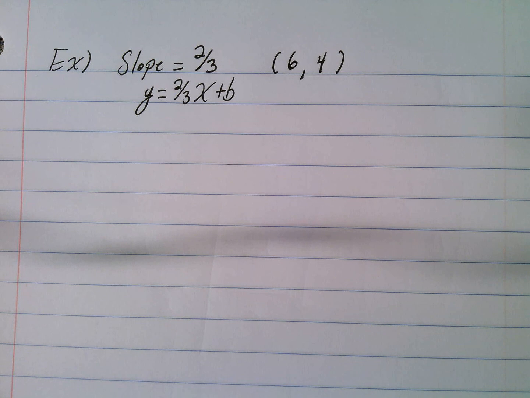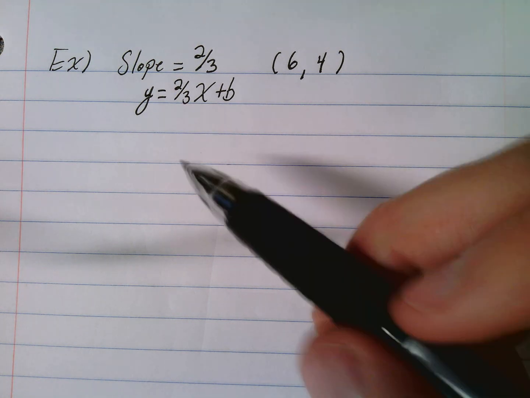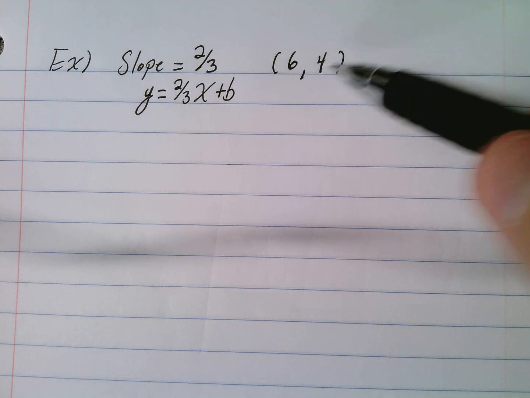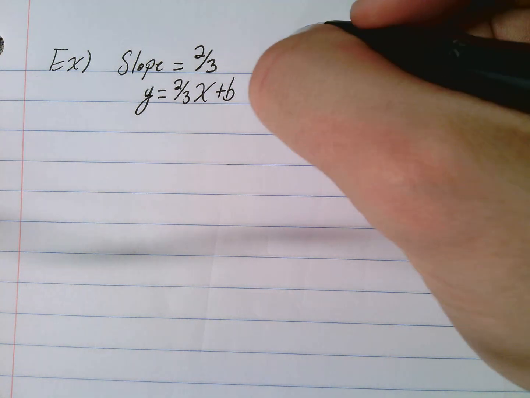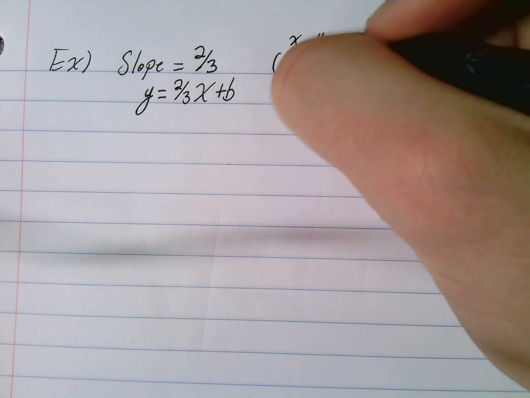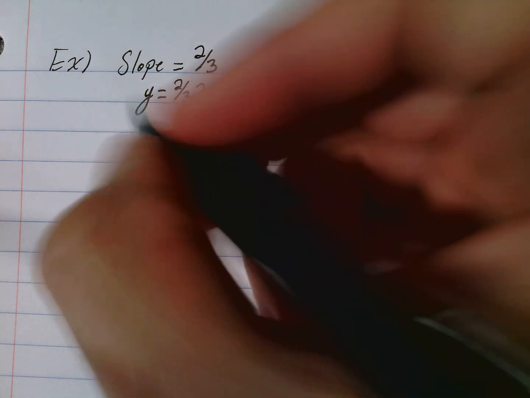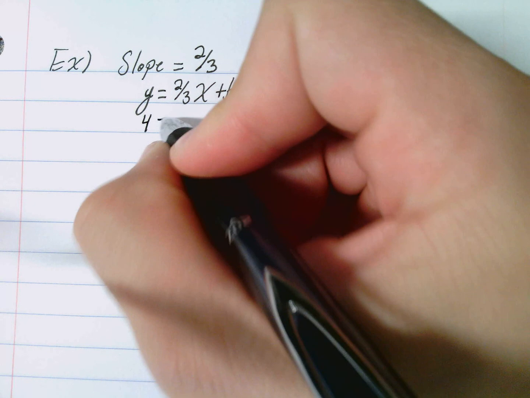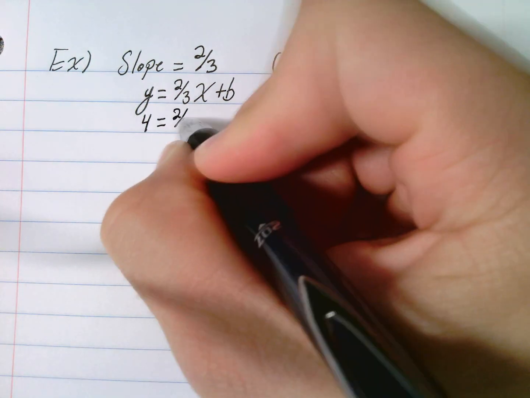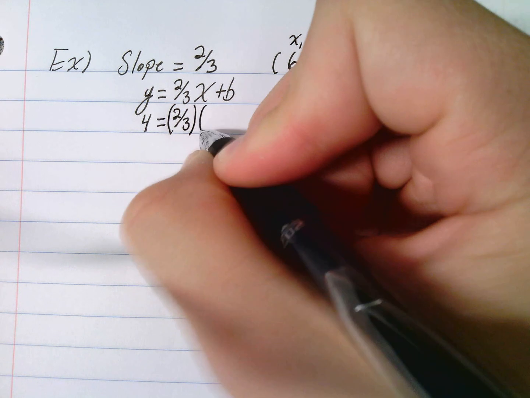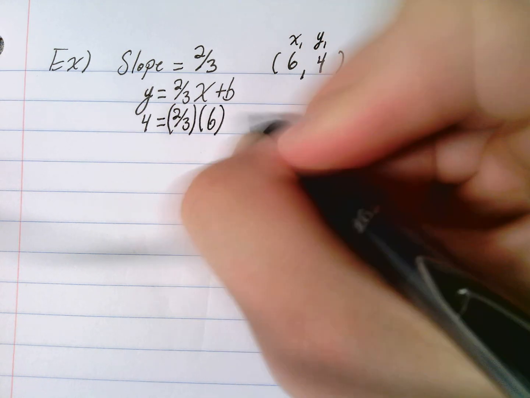Antonio. Good. We change y to 4 and x to 6. I've only got one option for x and y, right? So these are just my x1s and y1s. So I plug 4 in for y and 6 in for x.